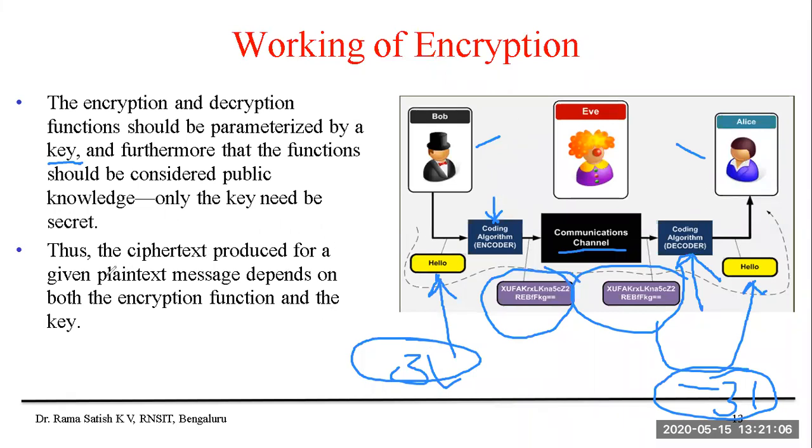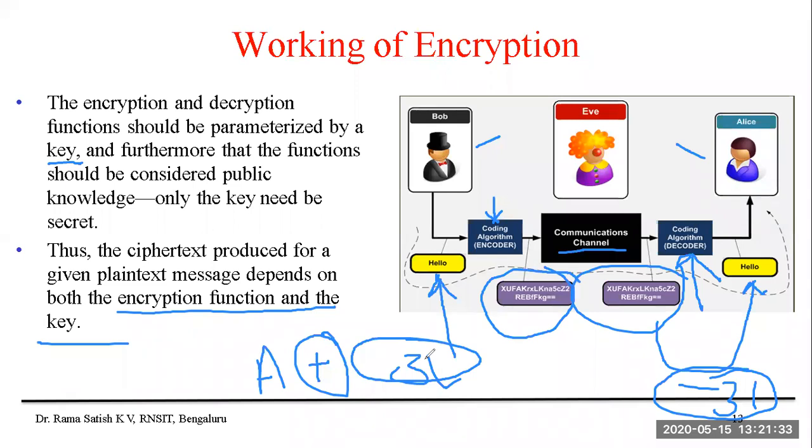Here, the cipher text produced from a given plain text depends upon both the encryption function and the key. What is the key value that you are using? For A, I'm adding 31, so my encryption function is addition by 31.